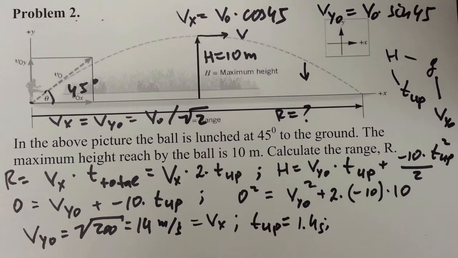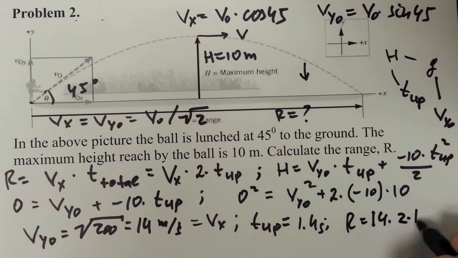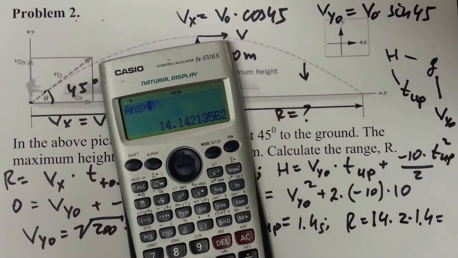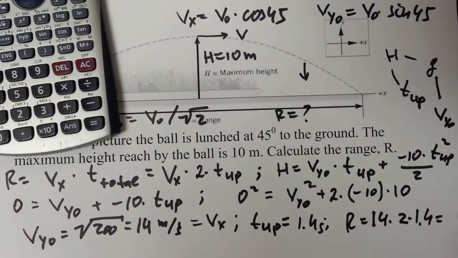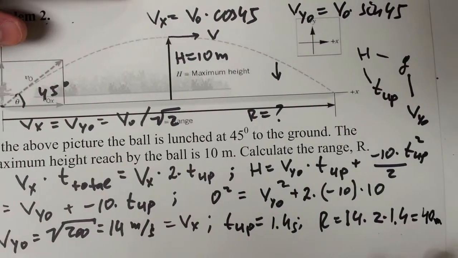And now, because we know this, and we know this, it's 14, the range will be equal to 14 times 2 times 1.4, about 39 or 40 meters. All right, moving on.